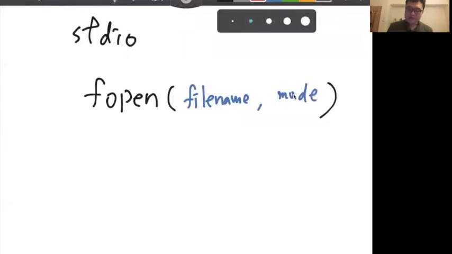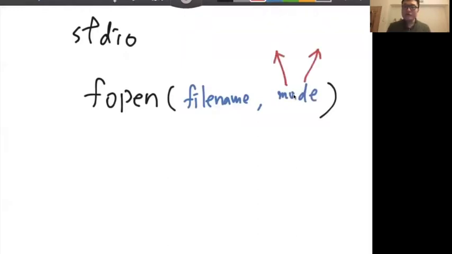The mode means what you want to do with this file. If you want to read the content, it's R. If you want to write content into it, it's W. If you don't want to override it and you want to append new data, a new string, into this file, that's A. So this is the mode for a file.